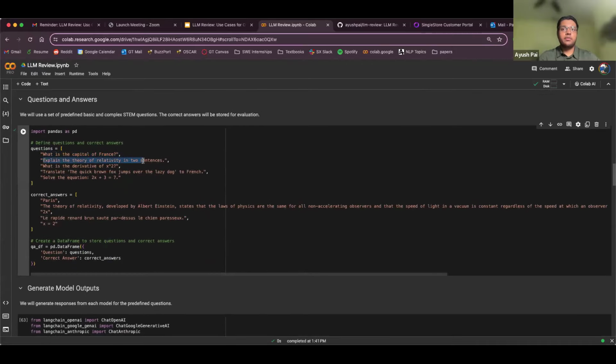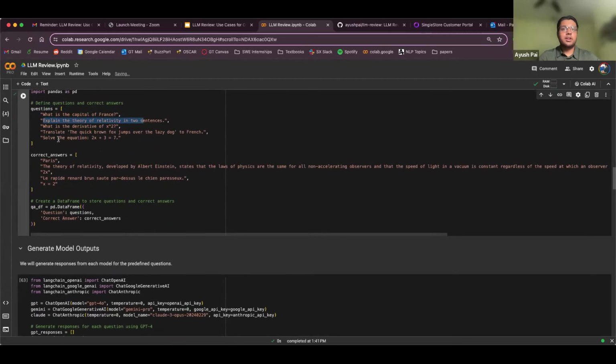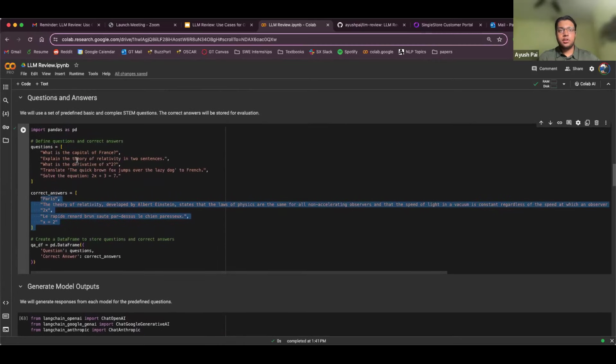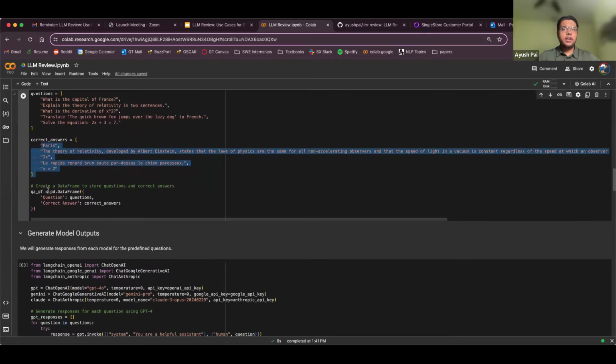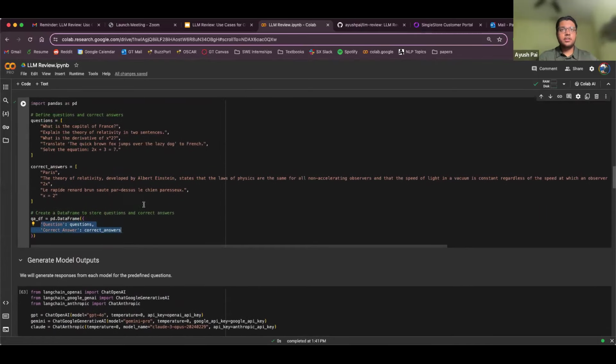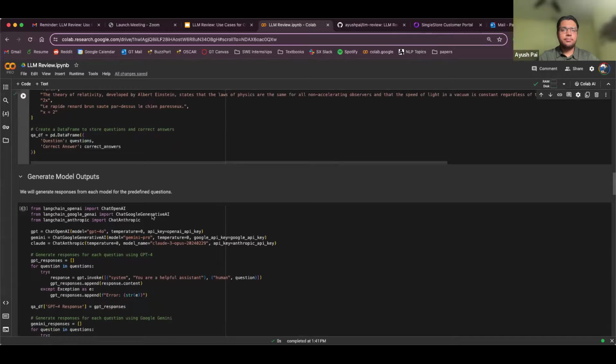Explain the theory of relativity in 2 sentences. What is the derivative of x squared? Translate blah blah blah, right? And we have the answers in this other thing right here. We're going to create a data frame out of these questions and answers. Essentially, that's going to allow us to compare how the output responses from these different models do based on these correct answers here.